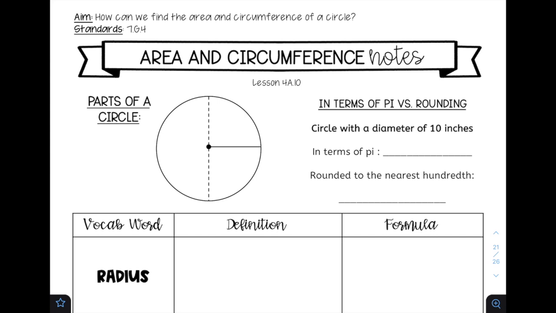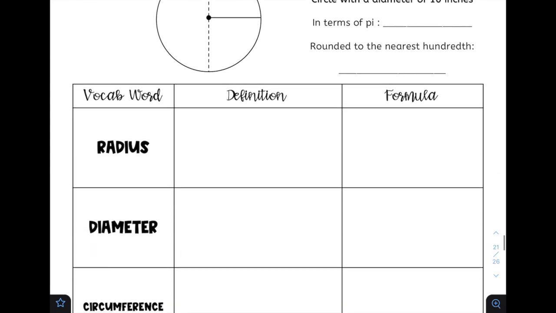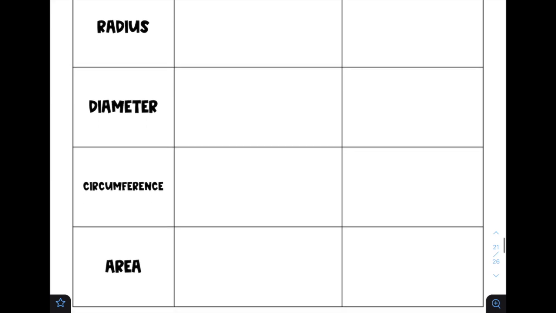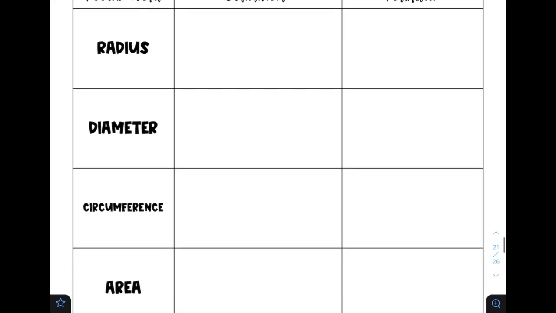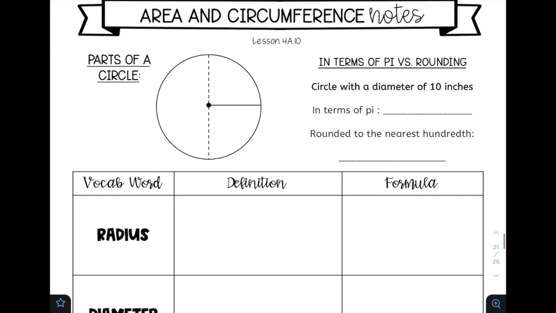All right, so the different parts of a circle. I've listed the different vocabulary words that are going to be super important in this lesson and the next lesson and everything we talk about with circles. So your radius, diameter, circumference, and area. We want to make sure we're labeling everything. And what I'm going to do is color code because I love color coding.